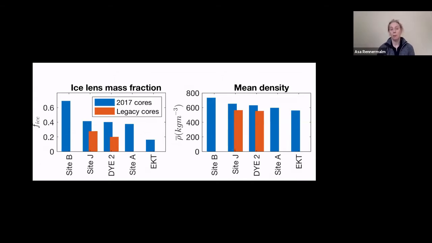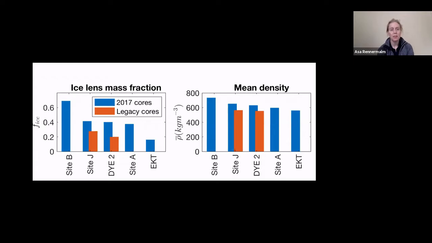For both of these properties, you can see a very strong spatial gradient because the sites are organized with site B at the lowest elevation, going to the highest elevation at EKT. So you can see how the amount of ice is just dropping as you go to EKT.